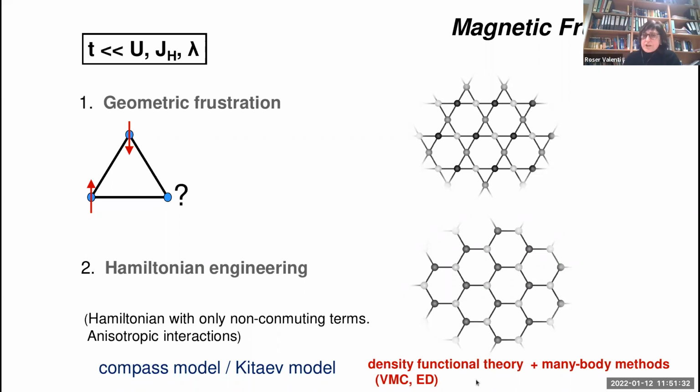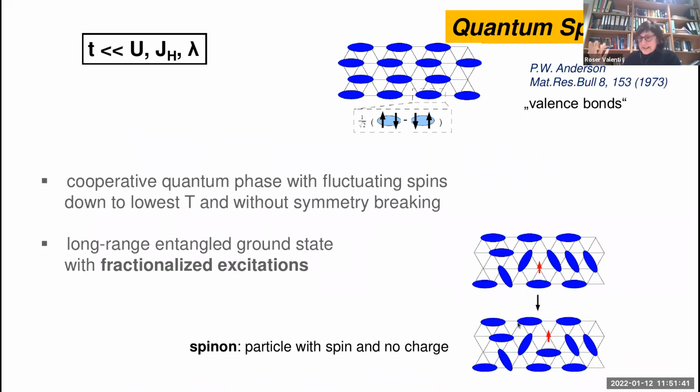And because of frustration, the same as for geometric frustration, there is no long-range order. We then have the possibility of a realization of a very elusive type of state, one of the very much sought-after states, which is the quantum spin liquid.